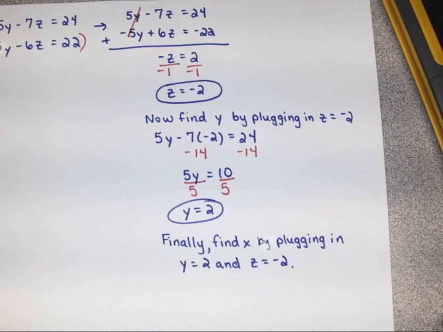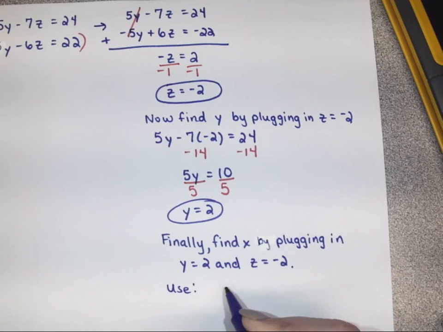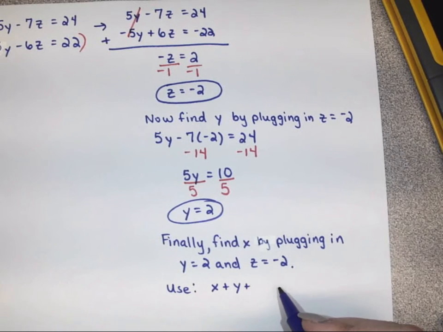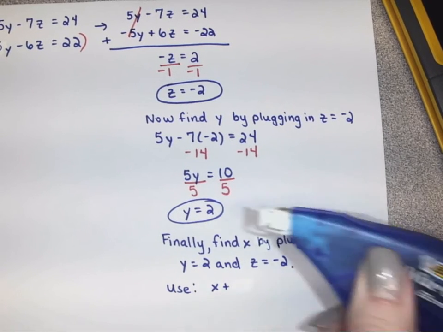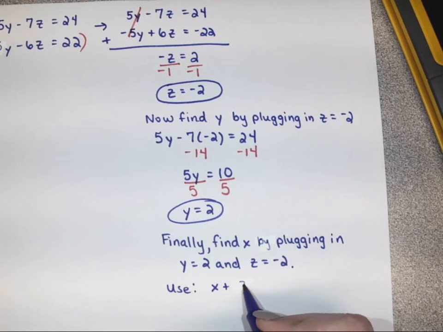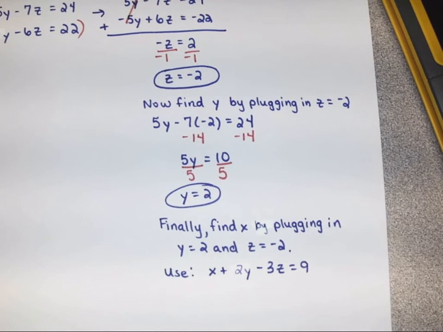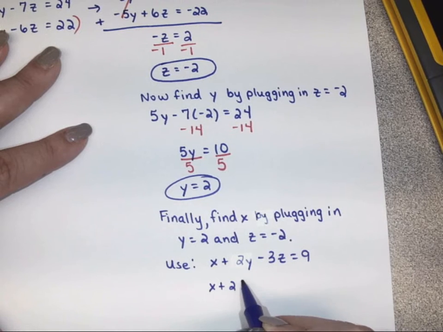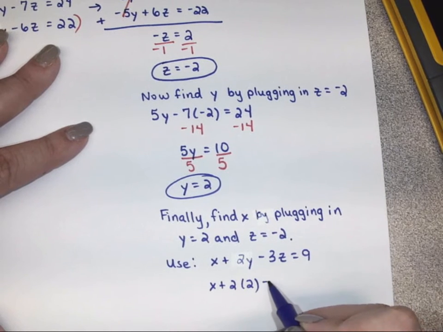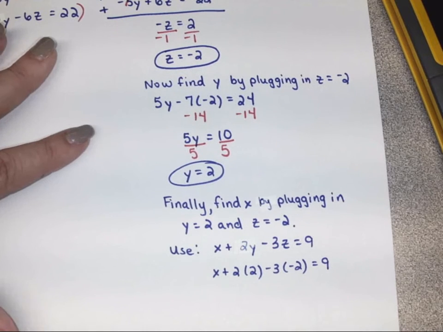And it doesn't matter which equation I use, okay? So I'm just going to take the first one, for instance, the first equation in my list. X plus 2y minus 3z equals 9. So that's going to give me x plus 2 times 2, because y is 2, minus 3 times negative 2, because z is negative 2.